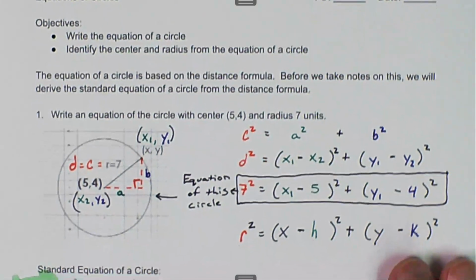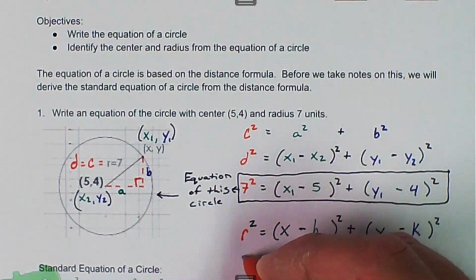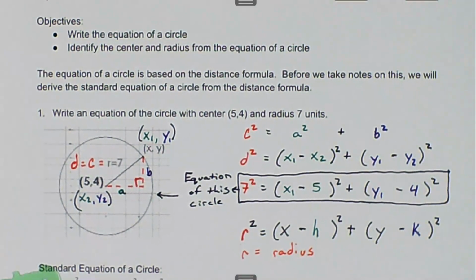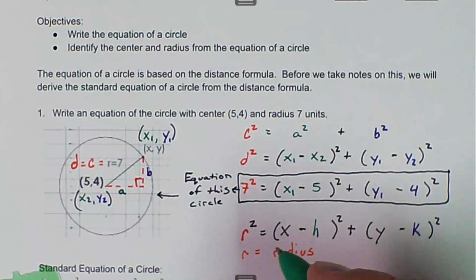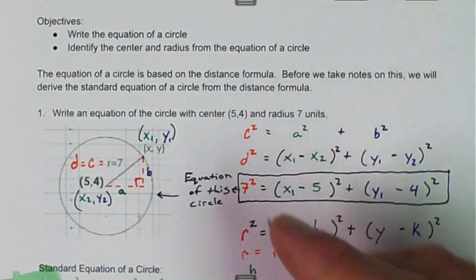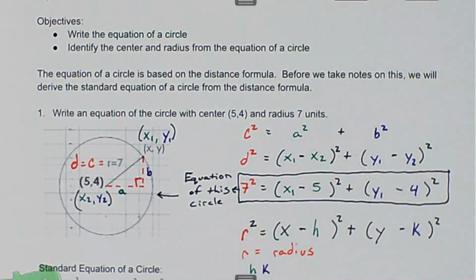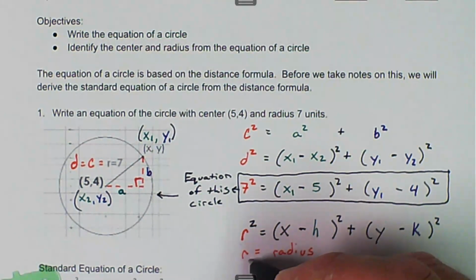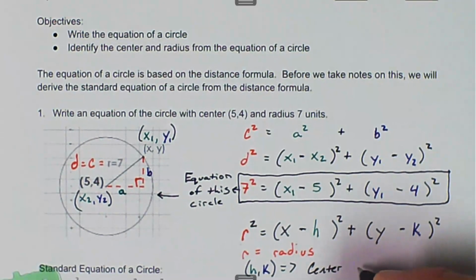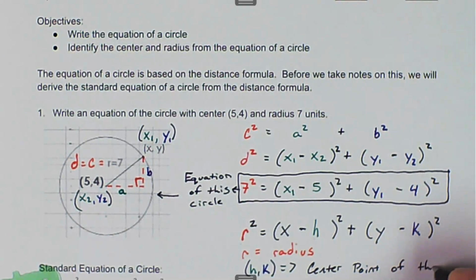So we want to remember that r is the radius, and then we also want to remember that h, k is the center point of the circle. These are the only things that change. So h comma k is the center point of the circle.